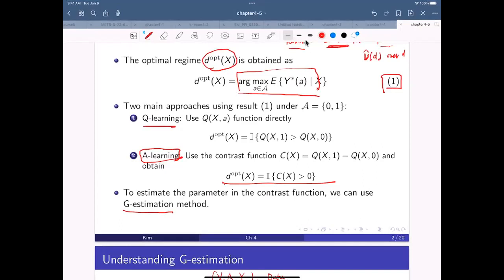So there's no guarantee. Even though this is the best, it does not necessarily mean that the decision rule using plug-in C hat X is the best. There's no guarantee, so there's actually room for improvement.